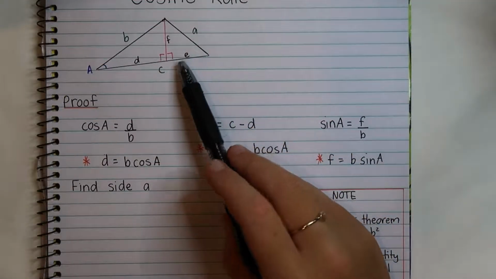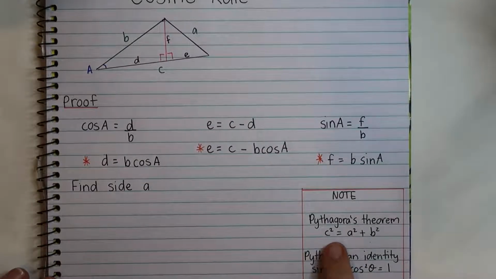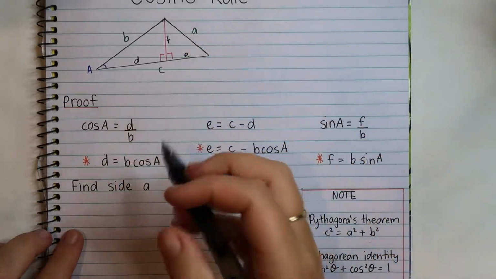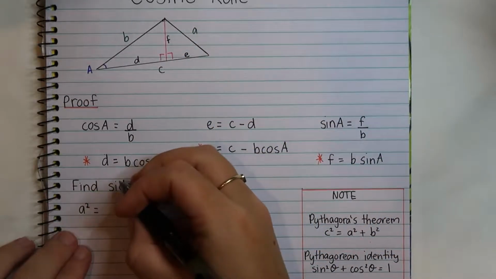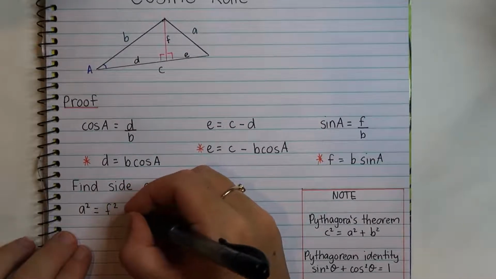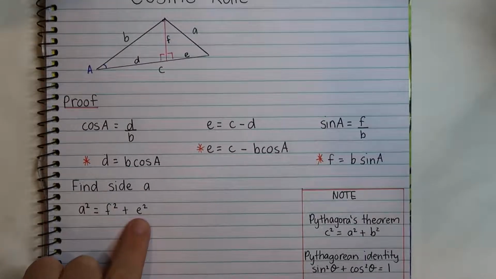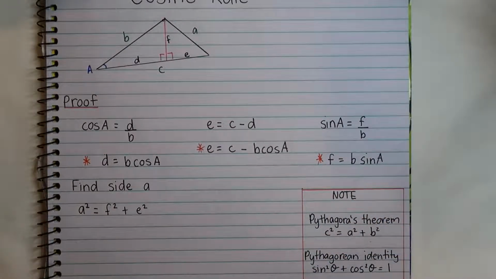If we are looking at this triangle here, our hypotenuse is A. So we're going to write A squared is equal to F squared plus E squared. But we already know F and we already know E, so we're going to go ahead and substitute those in.